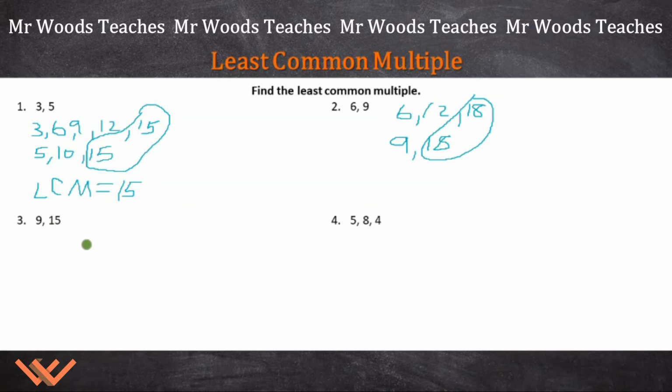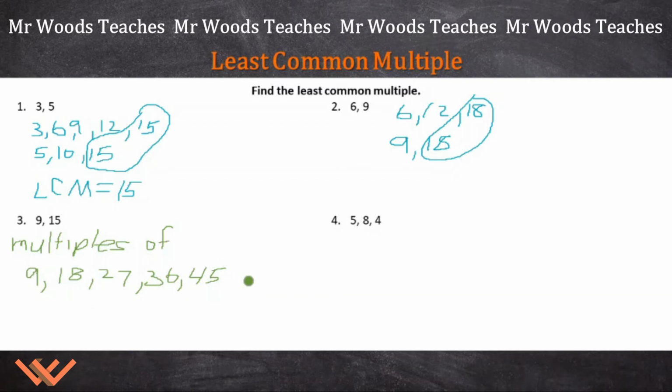One of the things I want to make sure that you understand is that I'm going to spell out multiples of. So multiples of 9 are 9, 18, 27, 36, and 45. And all I'm doing is just 1 times 9, 2 times 9, 3 times 9, 4 times 9, 5 times 9.